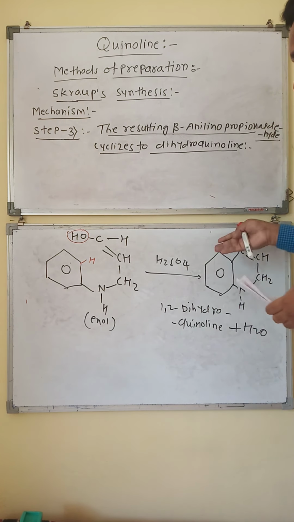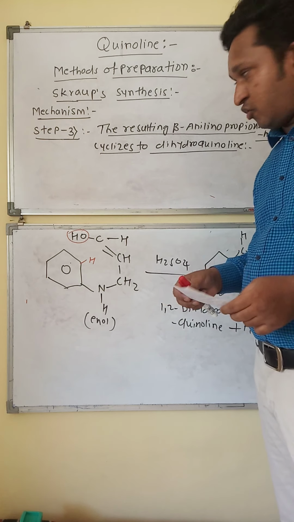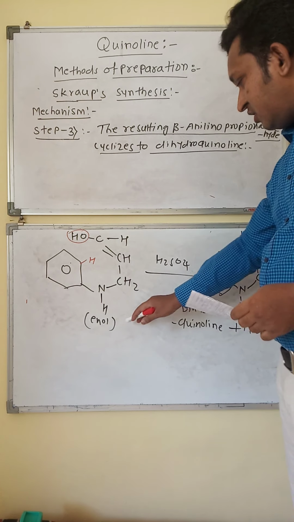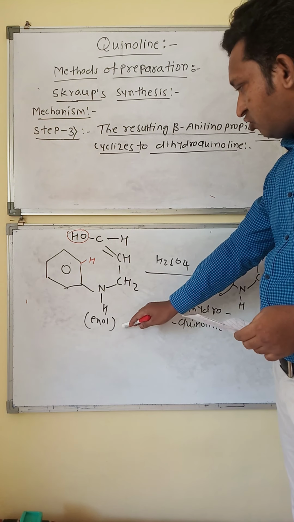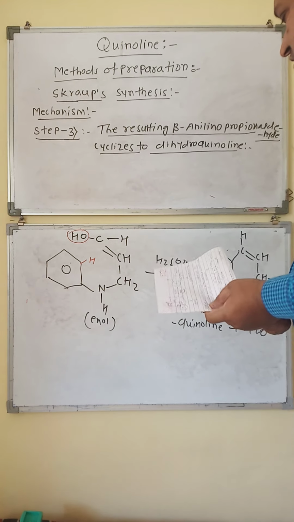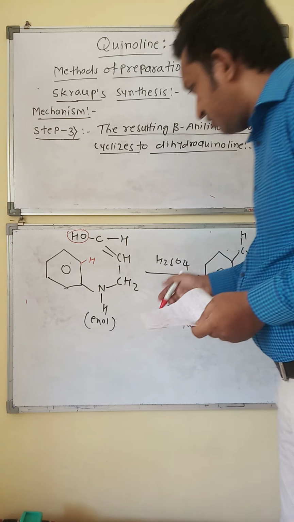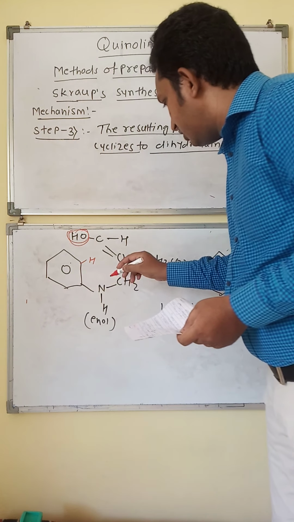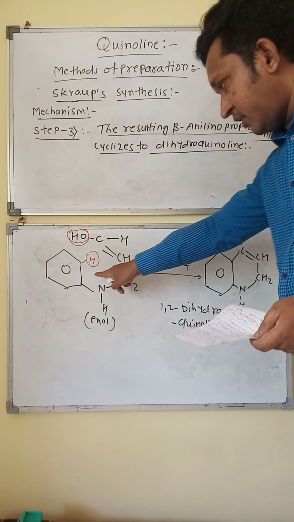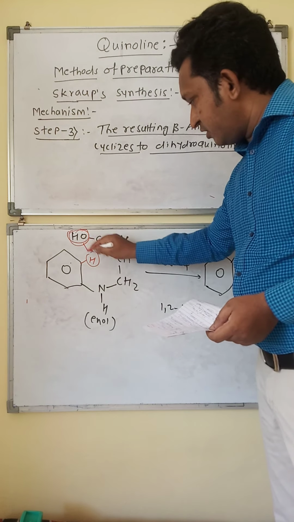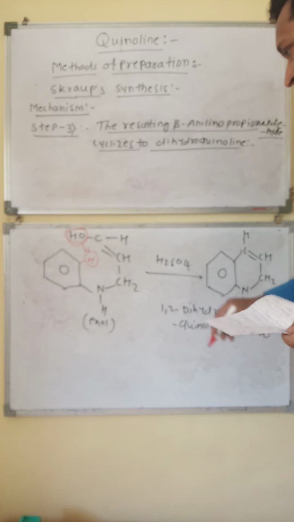Now after this reaction, we are very close to our final compound. Look at the structure of the enol beta anilino-propionaldehyde. This is the enol form. Now in this reaction, dehydration takes place. This OH group from the carbonyl carbon and this hydrogen from the aniline aromatic ring are removed as a water molecule.